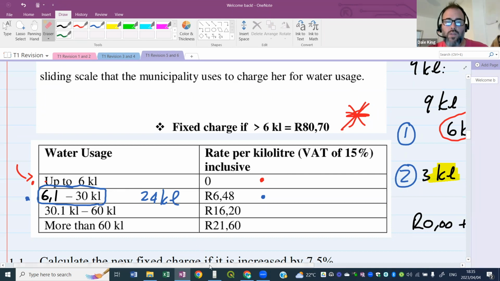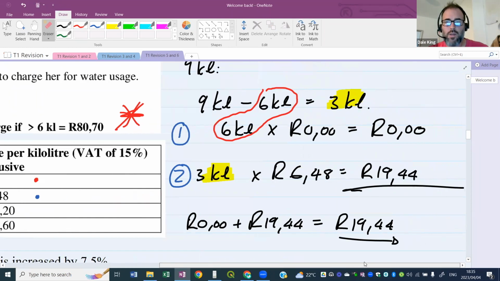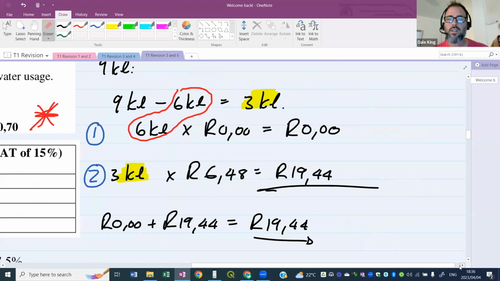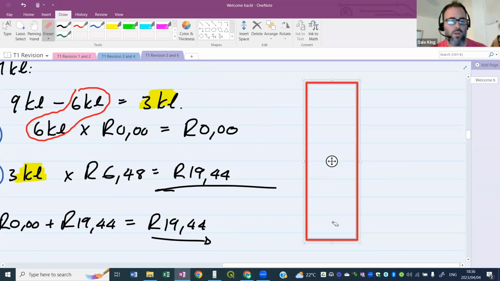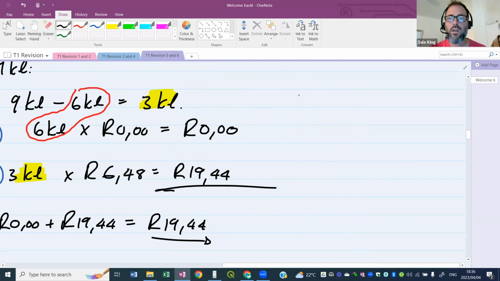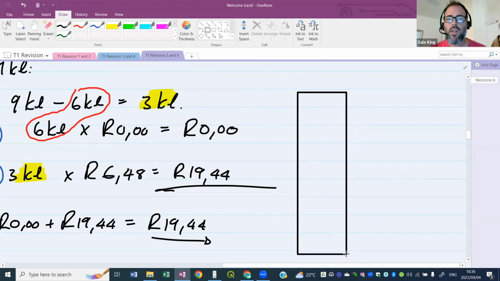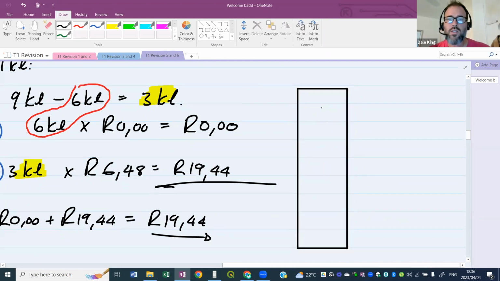Okay, so we've got 9 kiloliters of water. What happens if you've got 9 kiloliters? It means your first 6 kiloliters of that, and the best way to explain it is like this. Let's draw a column here, in this color. This is the water usage, 9 kiloliters of water. Let's pretend it was in a big tank.